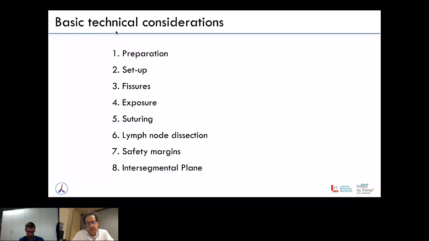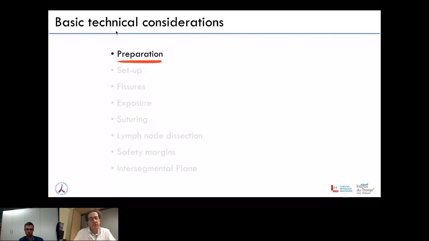I have had a part on suturing because I think in many of these operations you are more or less obliged to master thoracoscopic suturing. An important part is lymph node dissections, safety margins, and of course how to deal with the intersegmental plane. So let's start with the operation.